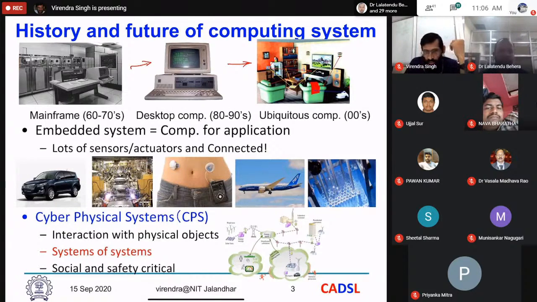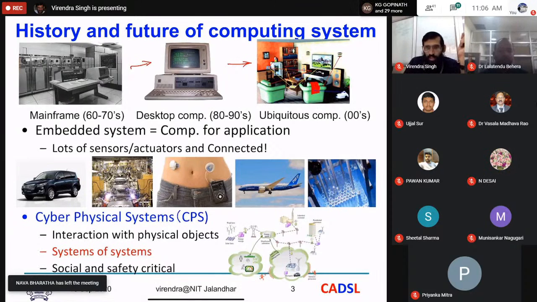The next generation of embedded system that we discussed in the last class is the cyber physical system, where the physical objects are brought into the loop rather than working separately with the physical part.